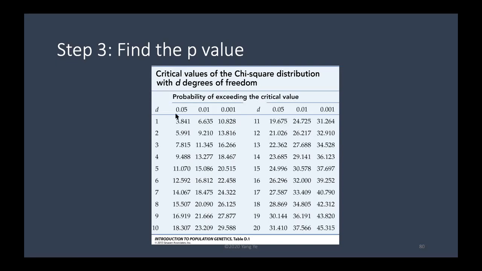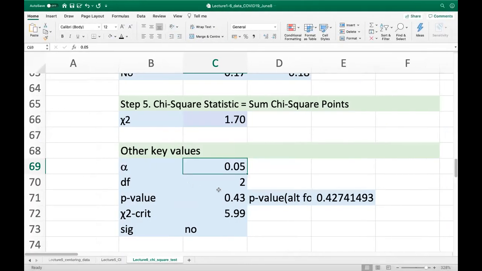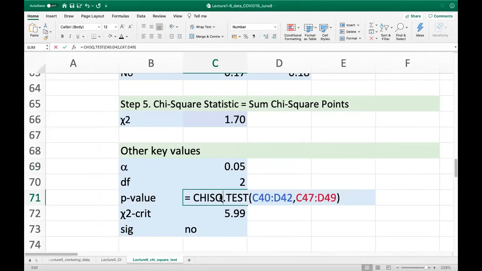Okay. What we could also do is use a function in Excel in order to get the p-value. This function is called CHISQ.TEST. If you hover your mouse over this function, it shows you the arguments it's going to take.